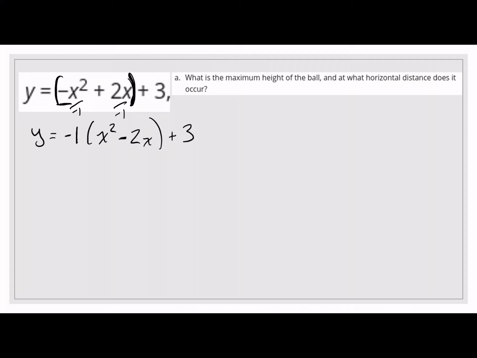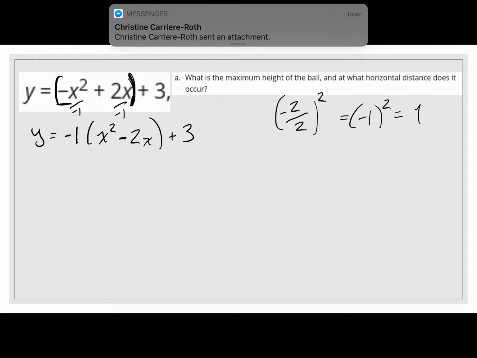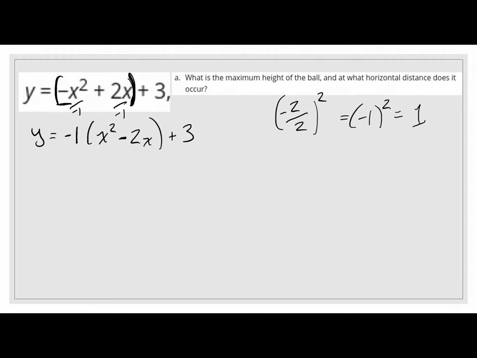So we take our b, which is now negative 2, divided by 2 all squared, which is negative 1 all squared, which is 1. We want to use that to add and subtract, again staying inside the brackets. We're going to add 1 and we're going to subtract 1.